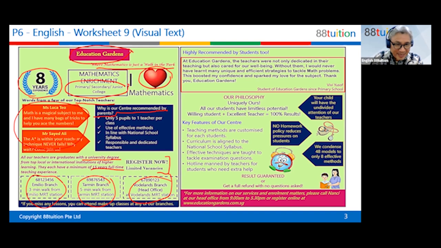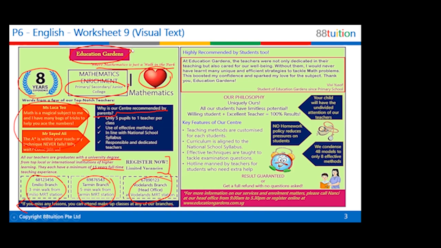Right? If you miss any lessons, you can attend makeup lessons, classes at any of our branches. So they are trying to tell, what are they trying to say here, the center? If you miss any lessons, you can attend makeup classes. What is it trying to say here? Anyone? What do you think? If you miss any lesson, you can attend makeup lessons. There's a second option. The second option, yeah, good.